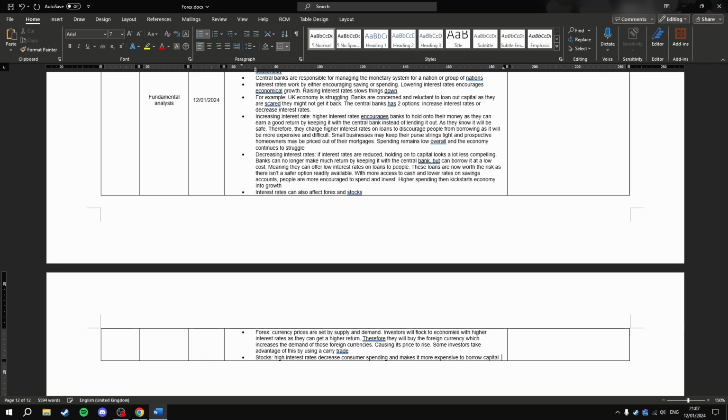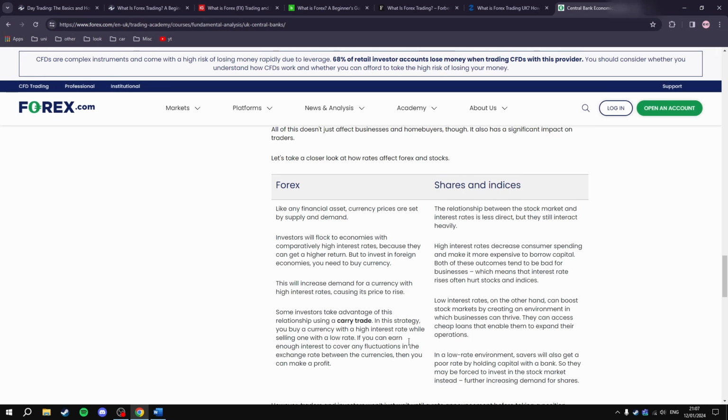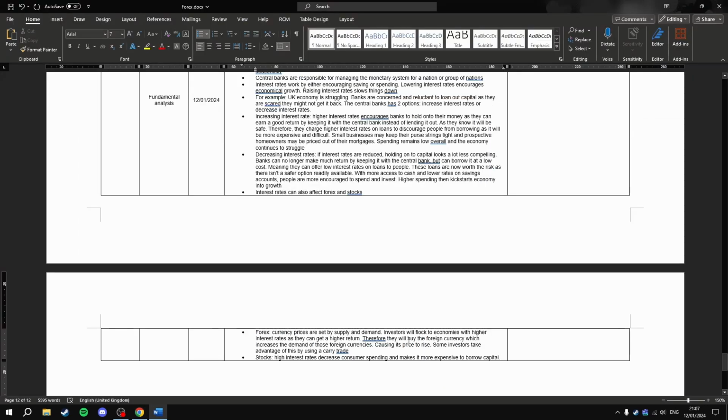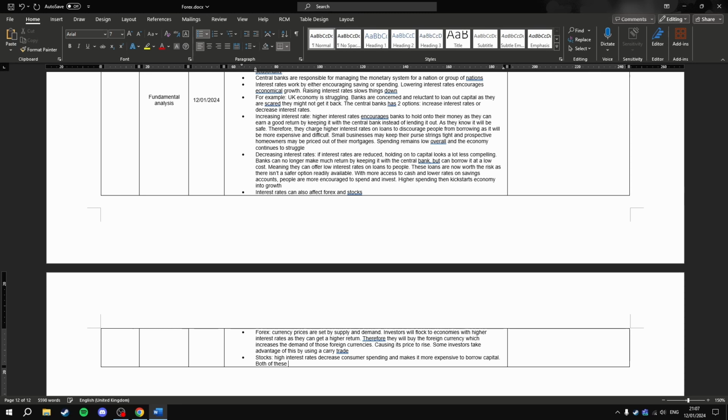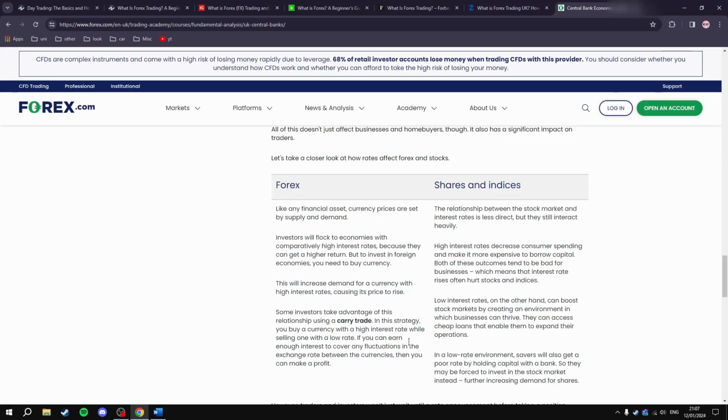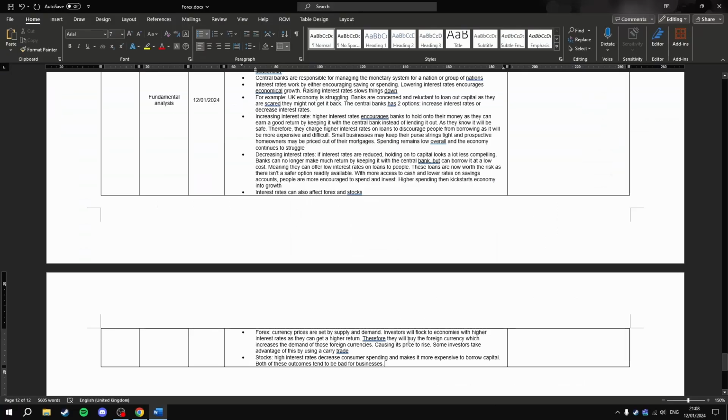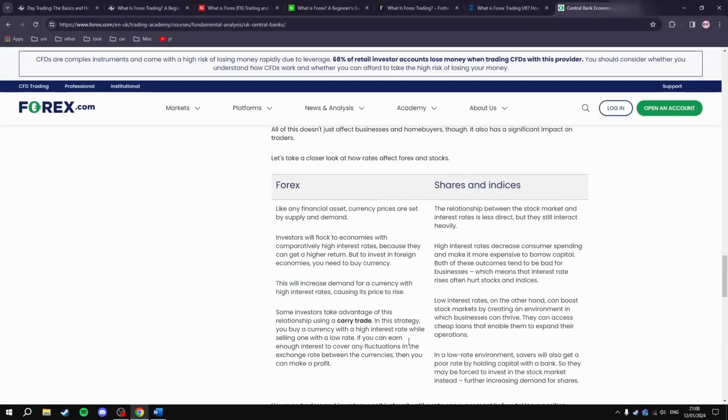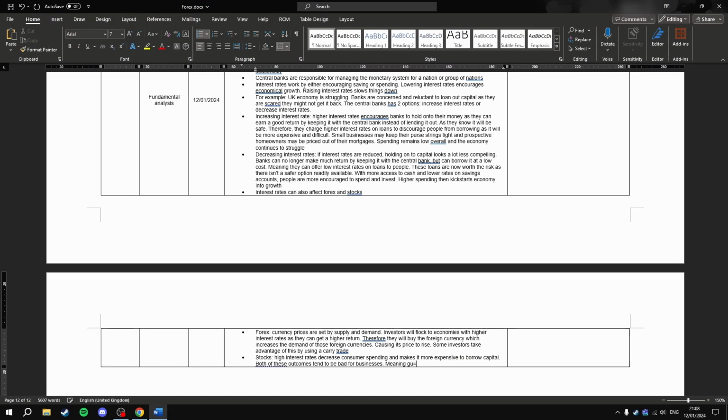Both of these outcomes tend to be bad for businesses, which means that interest rate rises often hurt stocks and indices.